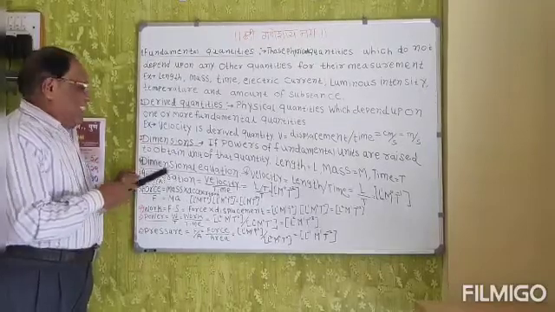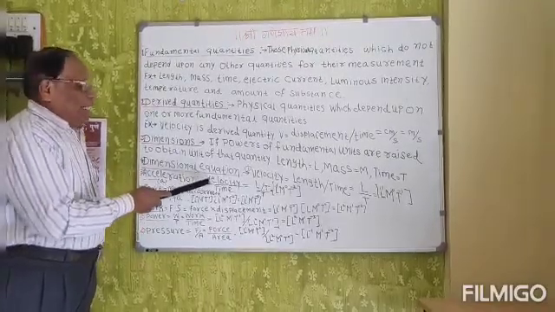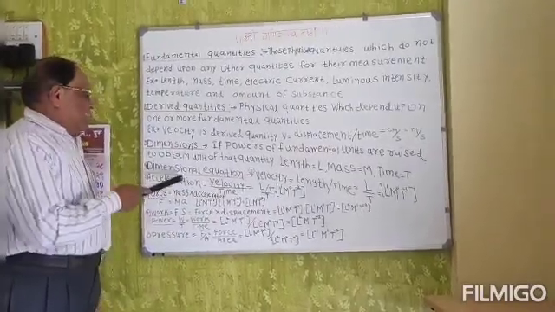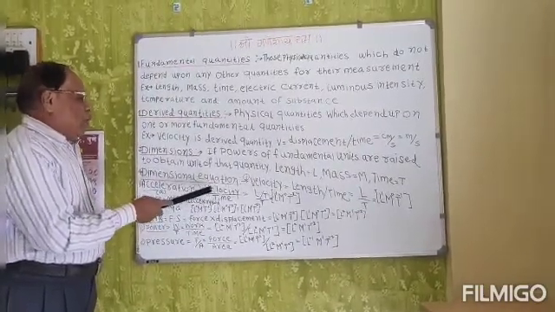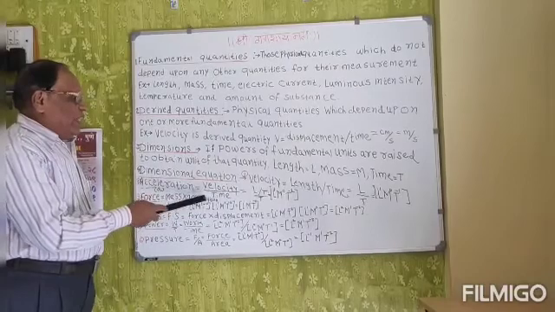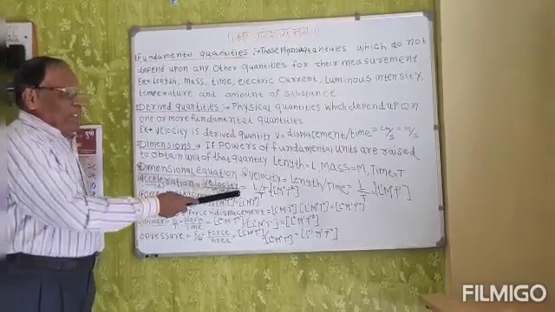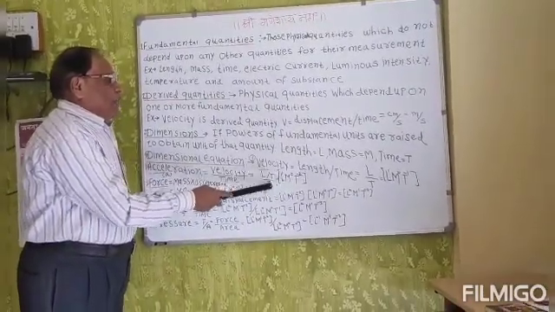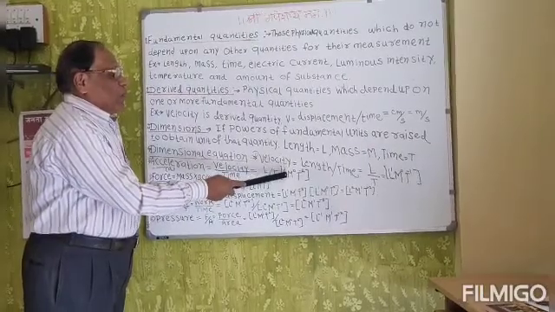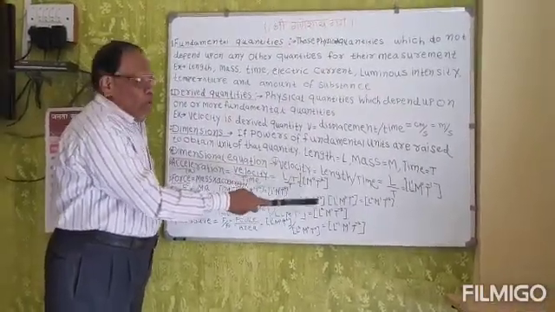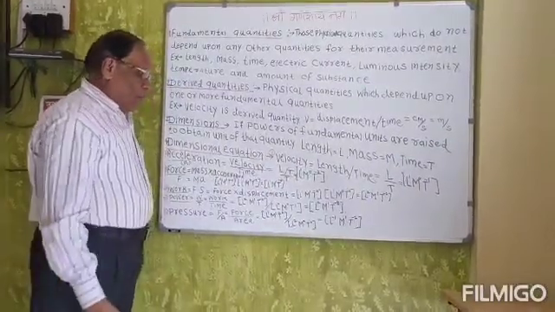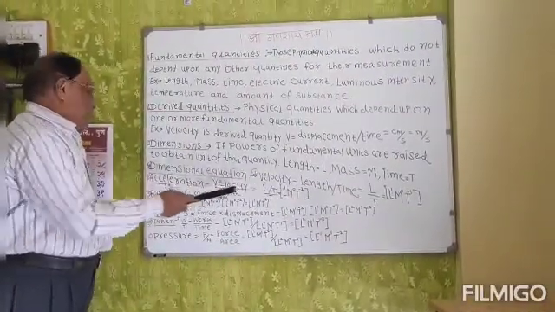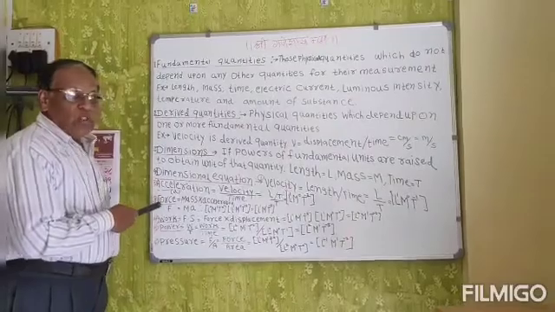Acceleration is defined as the rate of change of velocity with respect to time, and therefore the dimensional equation of acceleration is equal to the dimensional equation of velocity divided by the dimensional equation of time, that is, in square bracket, length to the power 1, mass to the power 0, and time to the power minus 2.